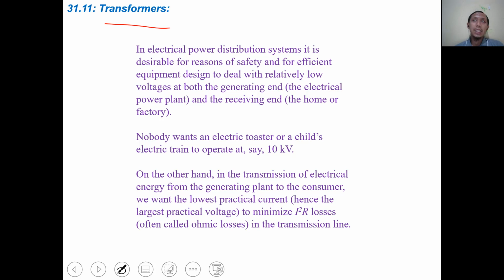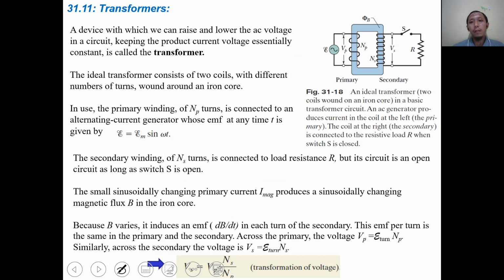They can convert one AC voltage to another AC voltage, like this one. We have the primary turn and then the secondary turn, like these. The primary turn is connected to the source, and the secondary turn is connected to the load.